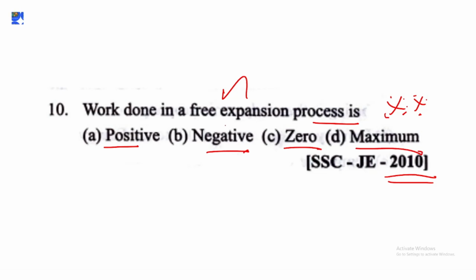See, it is said that it is free expansion. Okay. So free expansion in the sense it is not doing any work. There is no resistance involved. See, if the work has to happen, there should be some kind of resistance. So since it is freely expanding, there is nothing to stop it.